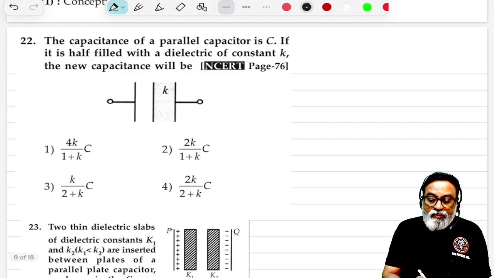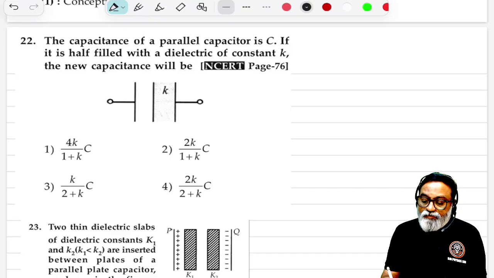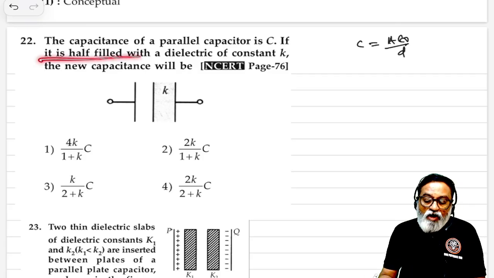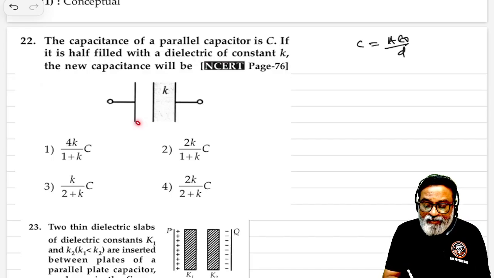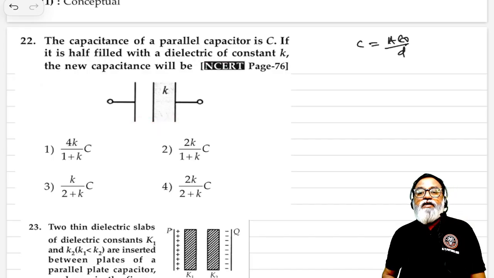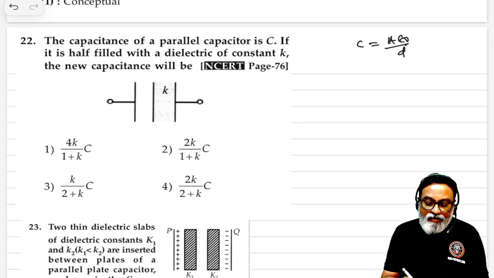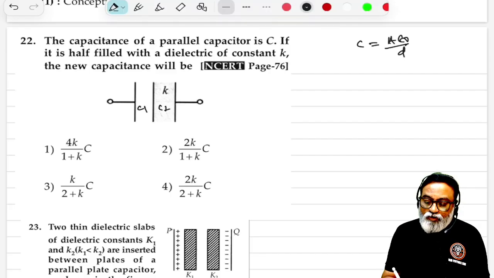Here, the capacitance of a parallel plate capacitor is C. This becomes C is equal to A epsilon 0 by d. If it is half filled with a dielectric of constant K, what will the new capacitance be? See, whenever the dielectric divides the distance, the two capacitors are in series. When it divides the area, the capacitors are in parallel. Now I'm taking this as capacitance C1 and this as C2.